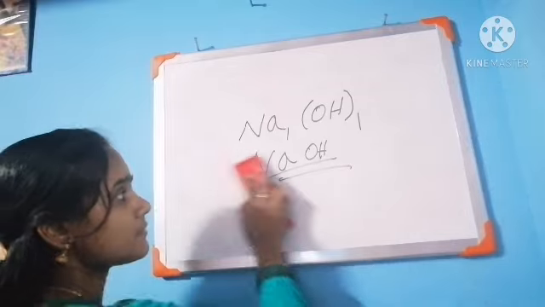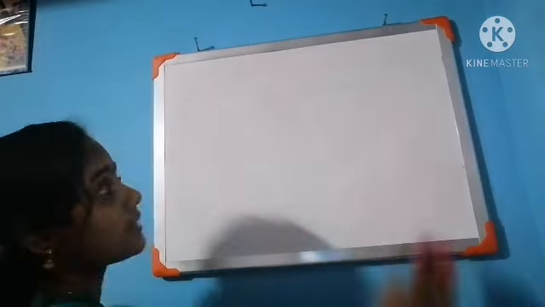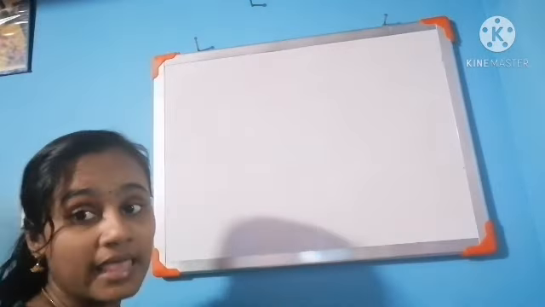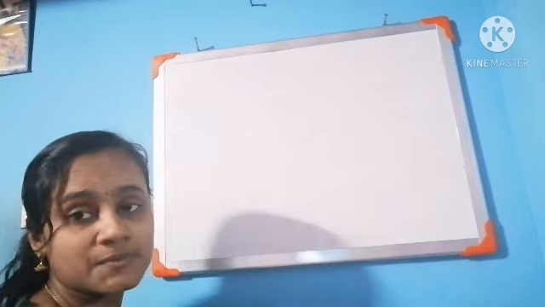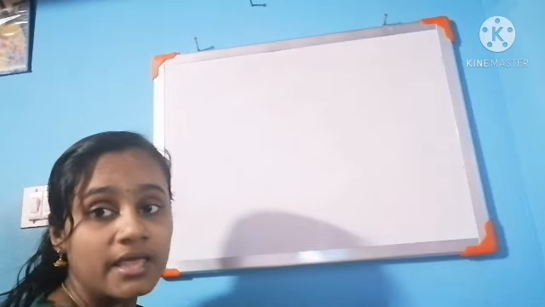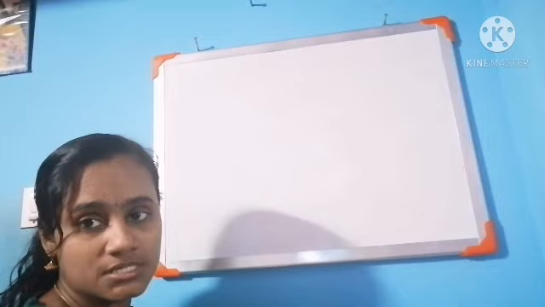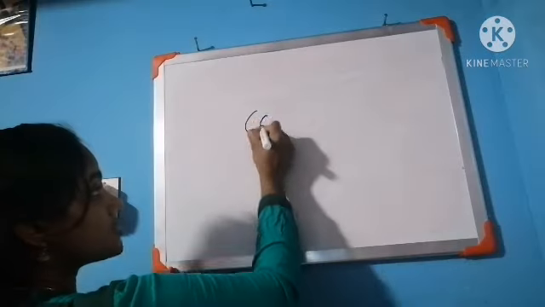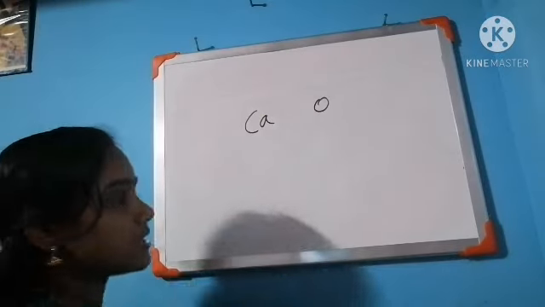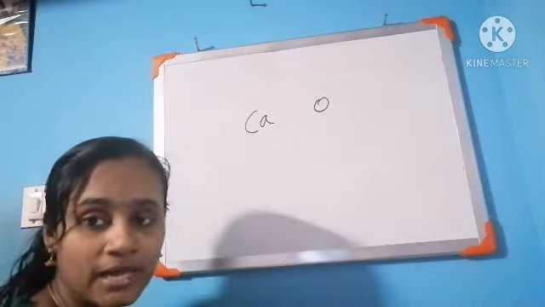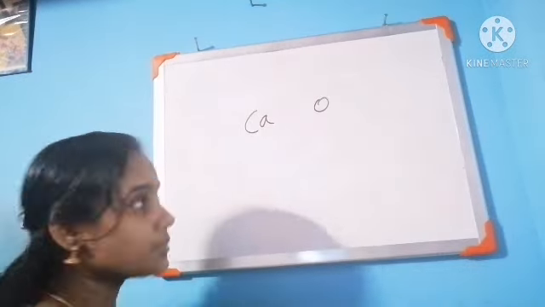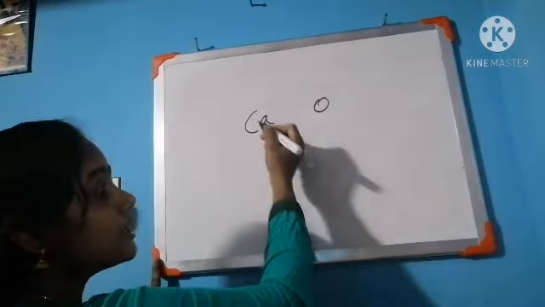Then calcium oxide. Which are the elements present in calcium oxide? Calcium and oxygen. What is the valency of calcium? 2.